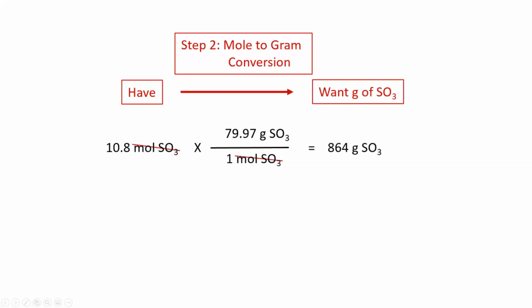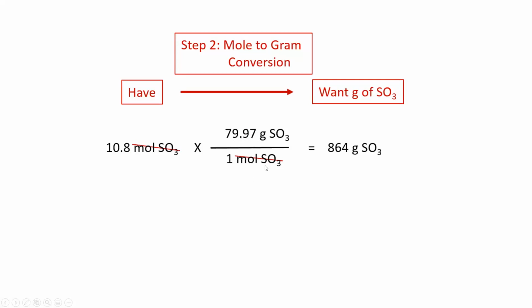In this case, you have to go from moles to grams. Here is given the number of moles of a substance. And then you have to use the molar mass of this compound. You know that 1 mole of sulfur is 32 grams, and 1 mole of oxygen is 16. But you have 3, then it is 48 plus 32 is 79.97.